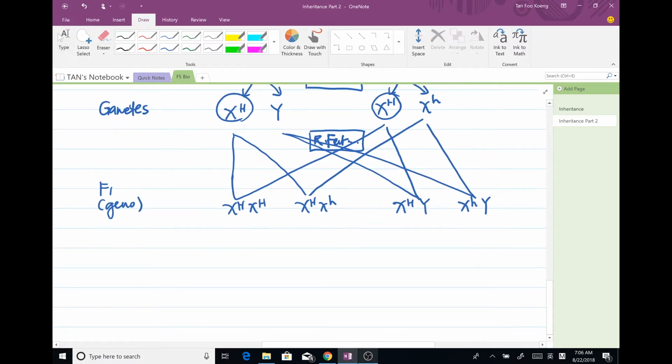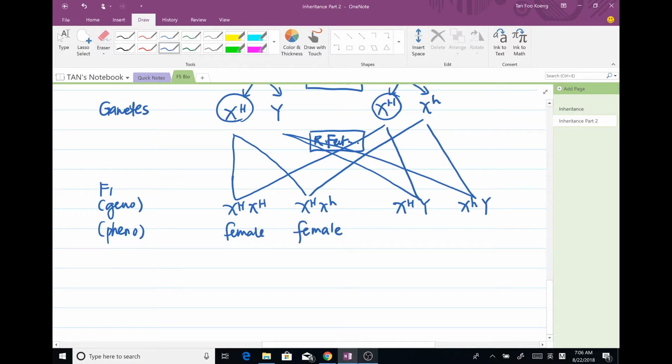Now, given the genotype, let's write the phenotype of the F1 generation. These 2 must be female because they have 2 X chromosomes. These 2 must be male. And this is a normal female.